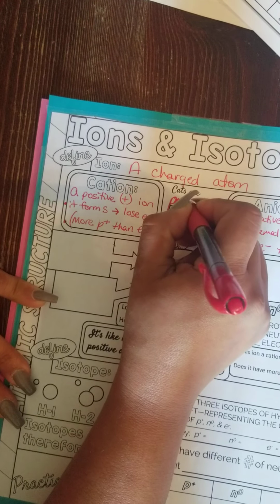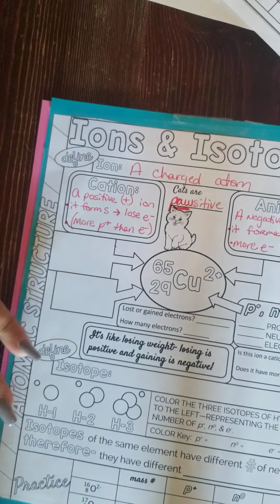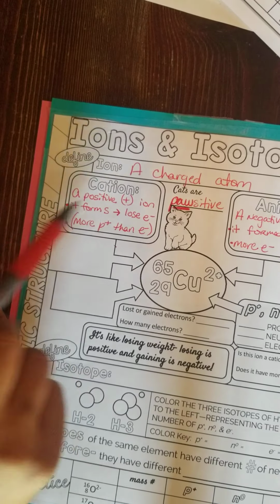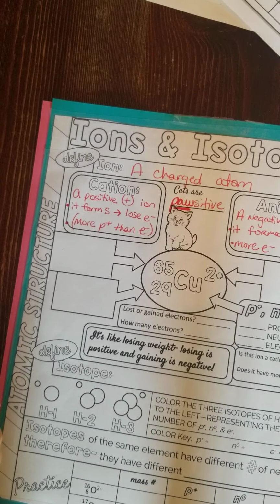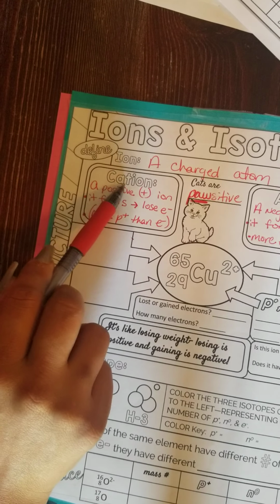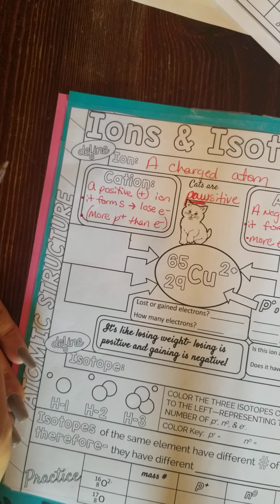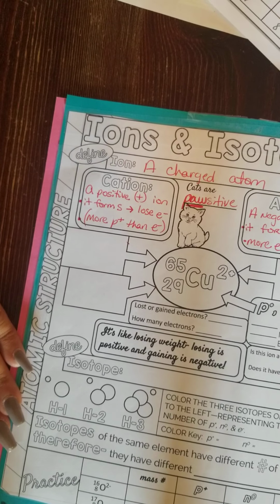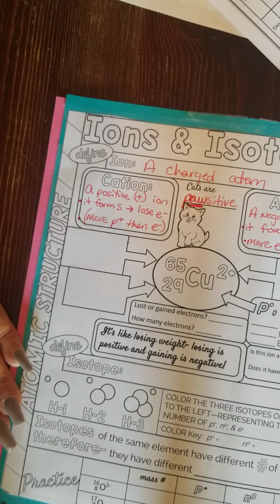Because cats have paws. You get it? Cats are positive. And so a cation is a positive ion. Why is it positive? Not because it gained positive protons. It's positive because it lost negative electrons.